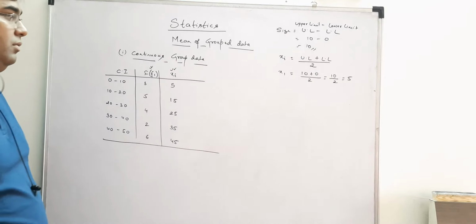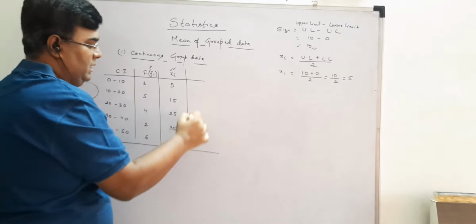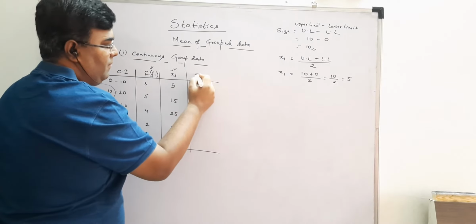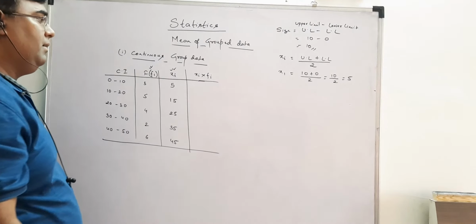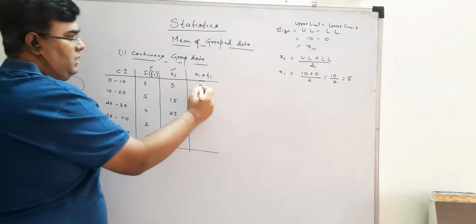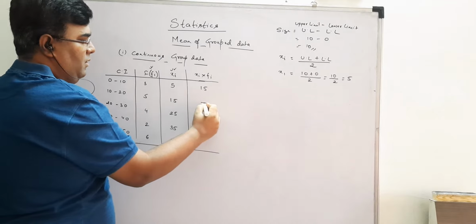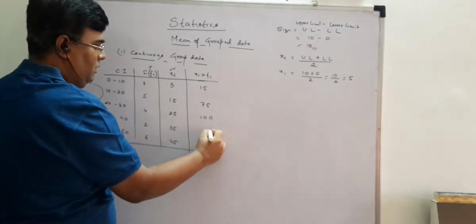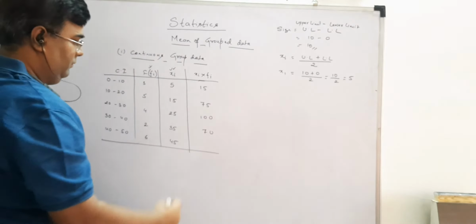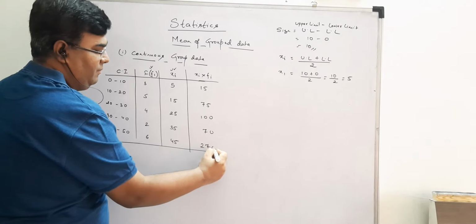Now what we need to do is find xi fi, xi multiplied by fi. So this is 15, 75, 100, 70, this is 270.